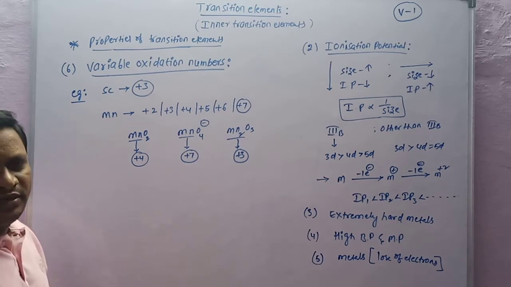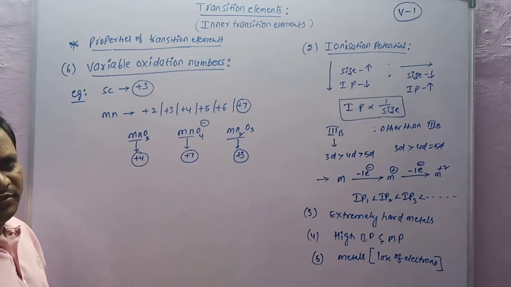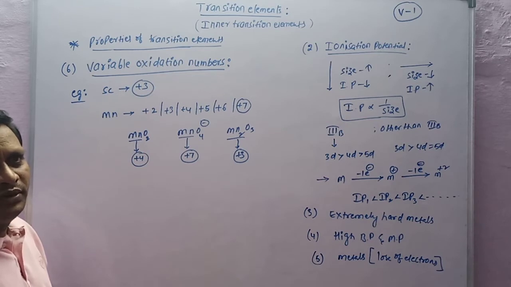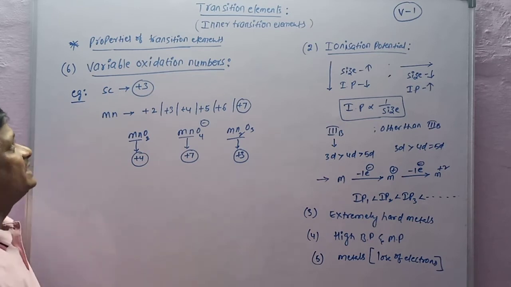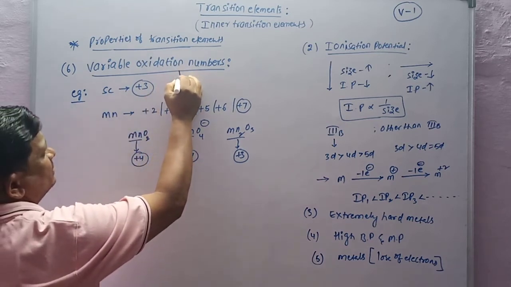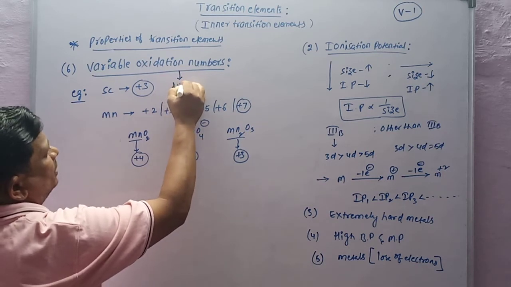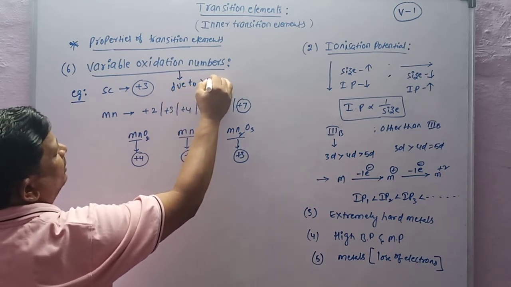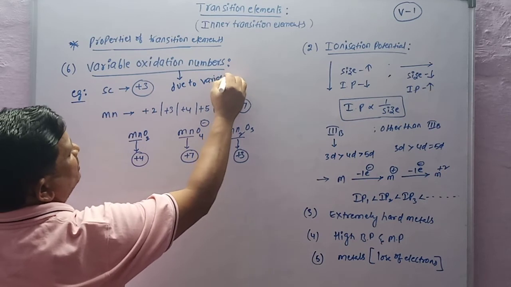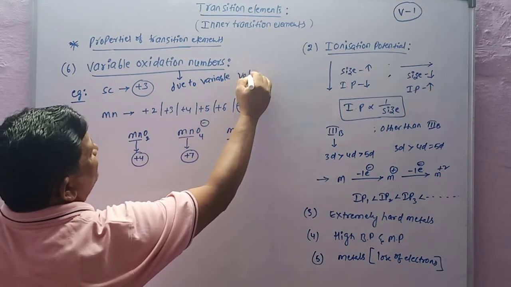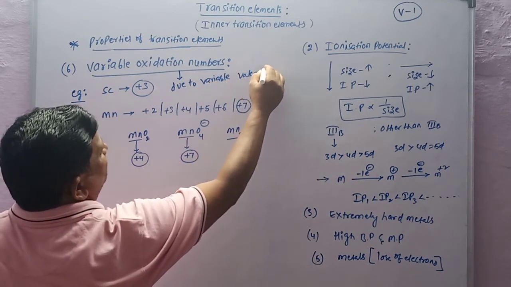Why do transition elements exhibit variable oxidation numbers? It is due to variable valencies. What are the valencies?